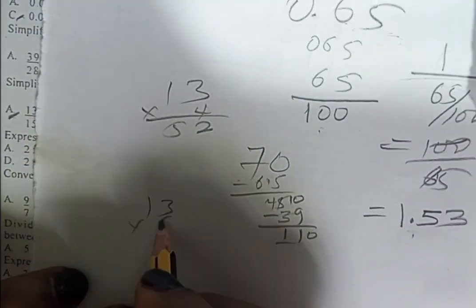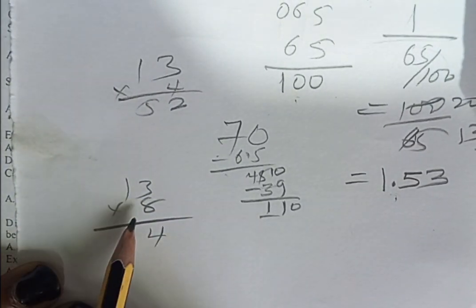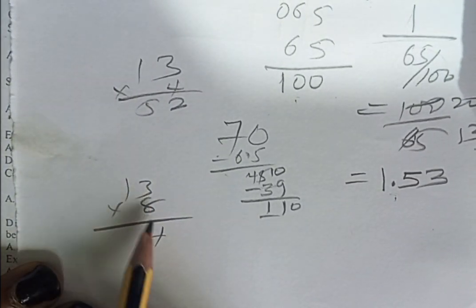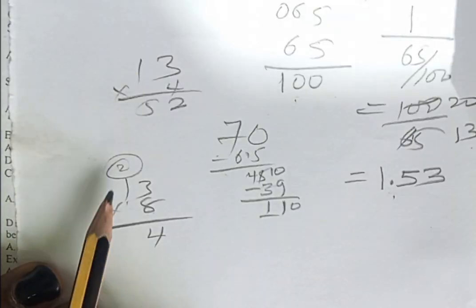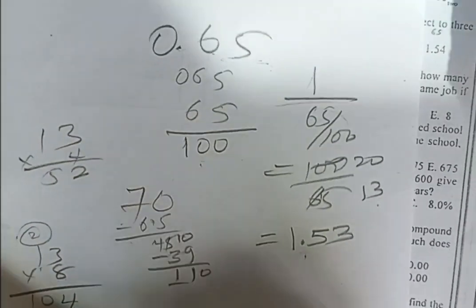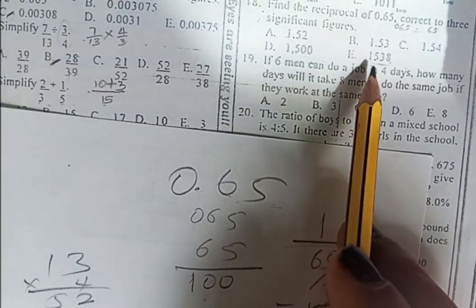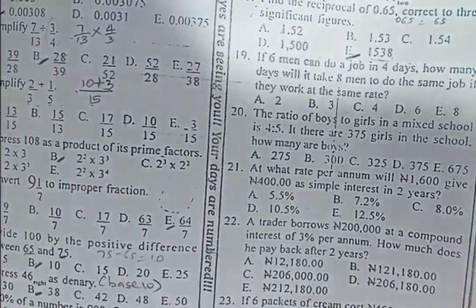So 13 times 8, let's see what it gives. 8 times 3 is 24, remainder 2. 8 times 1 is 8, plus 2 is 10, 104. So I think we are going to stop here because of this answer. So we have option E, instead of wasting time.